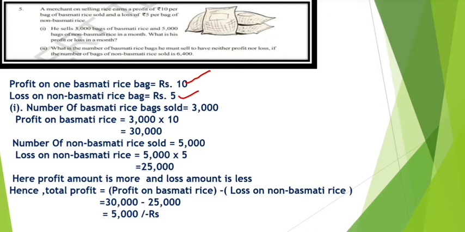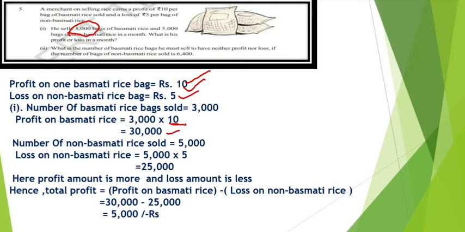First part, the number of basmati rice bags sold is 3000. Profit on basmati rice is equal to 3000 bags into 10 rupees per bag, that means 30,000 profit on basmati rice bags.